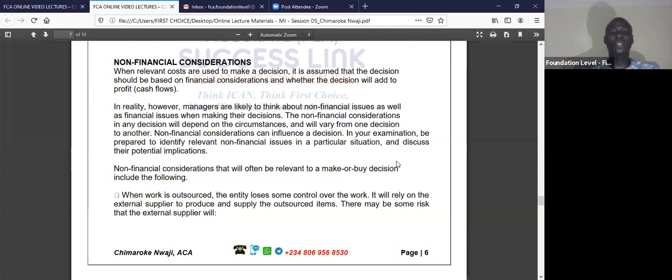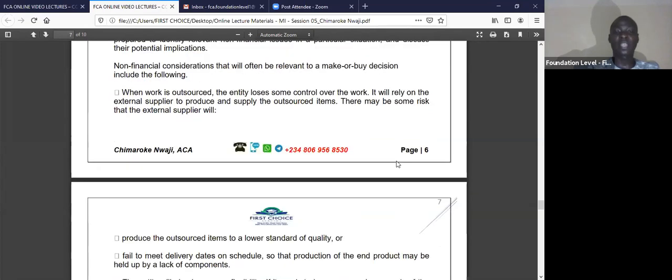So some of these include when the work is outsourced, the entity loses some control over the work. So it will rely on the external supplier to produce and supply the outsourced items. Now, because you've lost some control, you are now relying on the external supplier. So there may be some risk that you face with that external supplier.